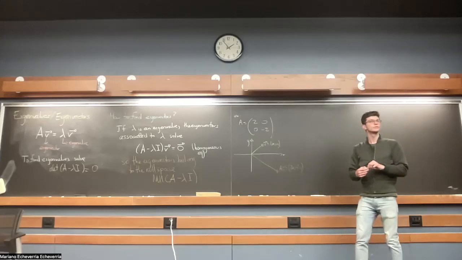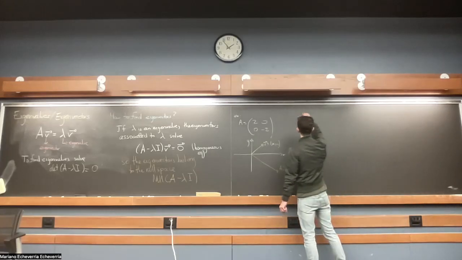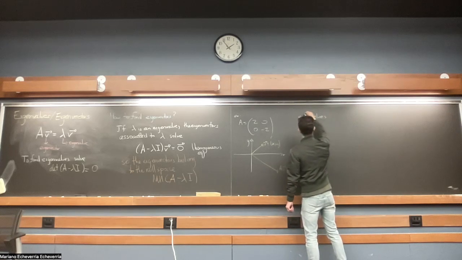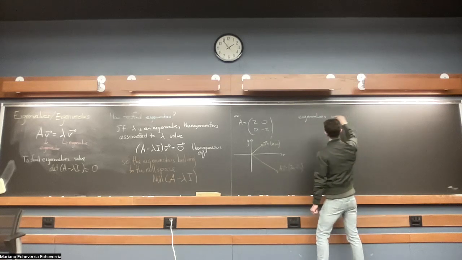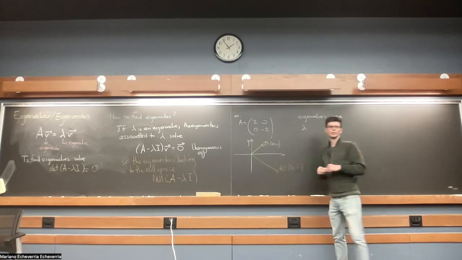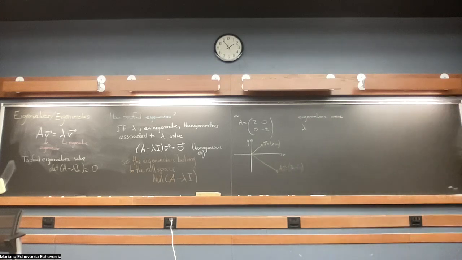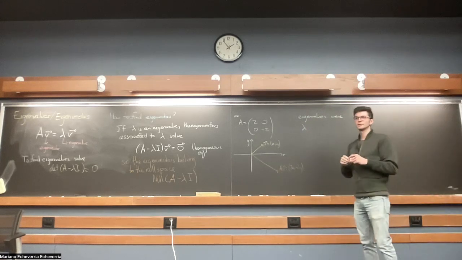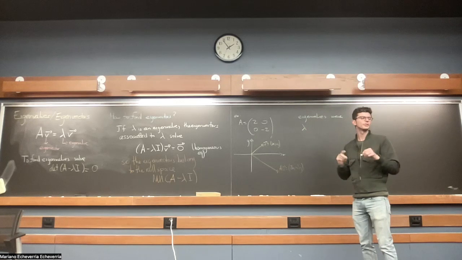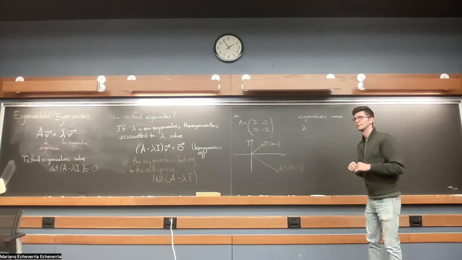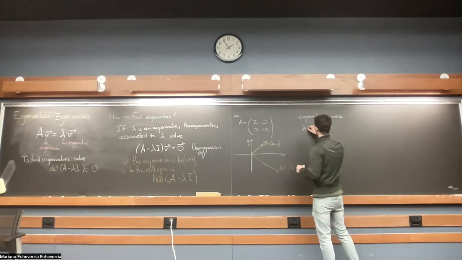So what were the eigenvalues for this matrix? They were 2 and -2 in this case. It was easy to remember because A is a diagonal matrix. Remember that when the matrix is diagonal, the eigenvalues are just the entries of the matrix along the diagonal.